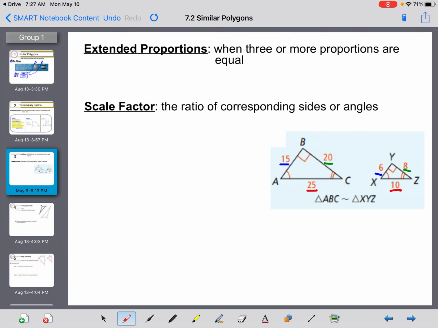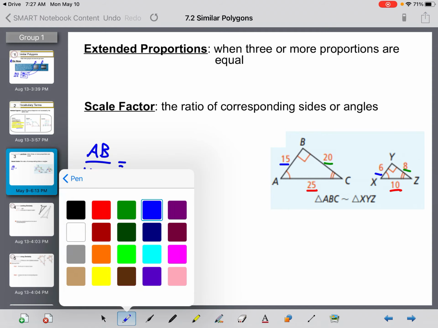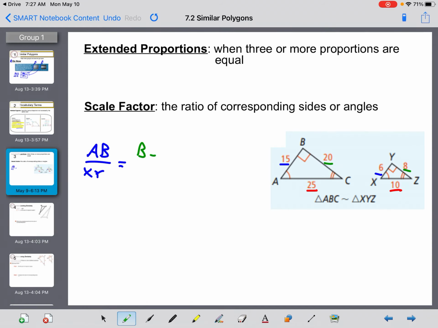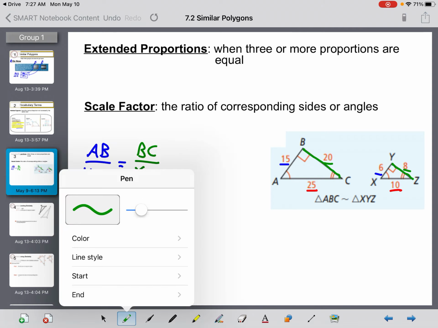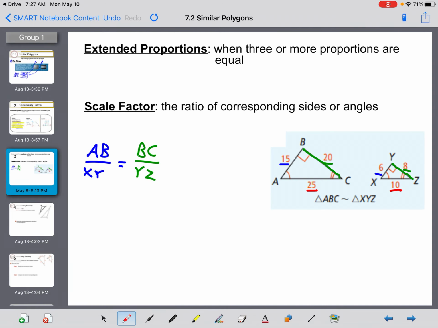So those sides are AB in the blue, corresponds to XY. And then how do they demonstrate? With equals, correct? So equals, and the proportion or the ratio of our greens, which is BC, corresponds to YZ, which are these lines. They are proportional. And then we have AC, which is 25, corresponds to XZ.